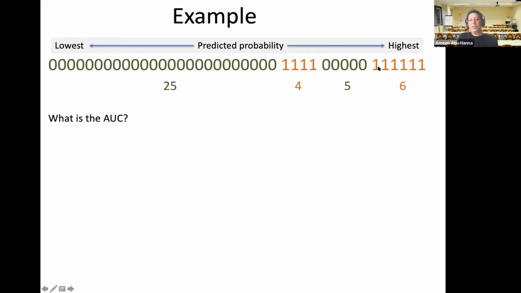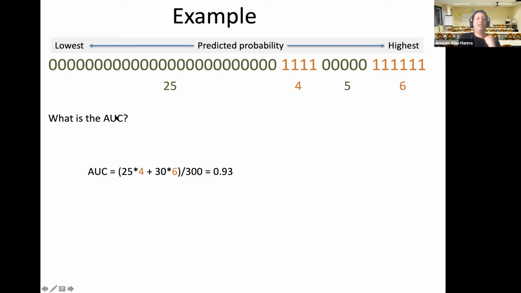When I go to these last 6, how many combinations can I have? Again, 30 combinations with those who lived. We don't compare ones with ones, right? Because we put all the ones together and all the zeros together. But I can compare this one with all 30, and I will win in all of them, because the one was on the right-hand side of all these who lived on the left-hand side, and I do it 6 times.